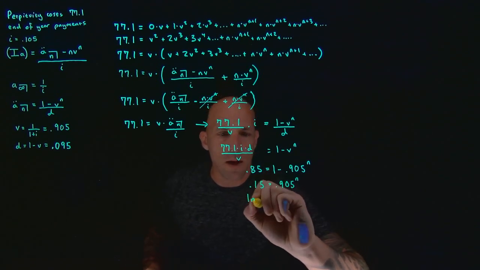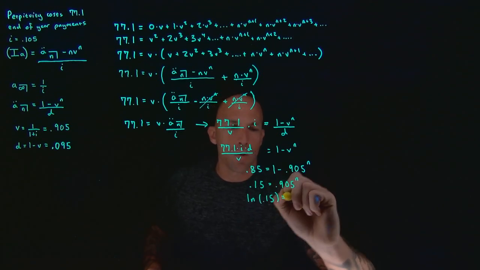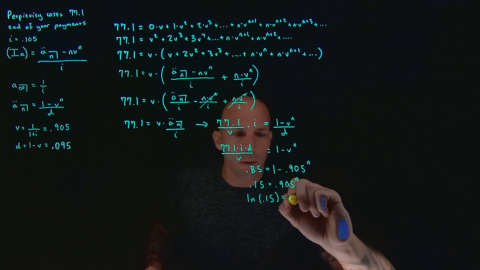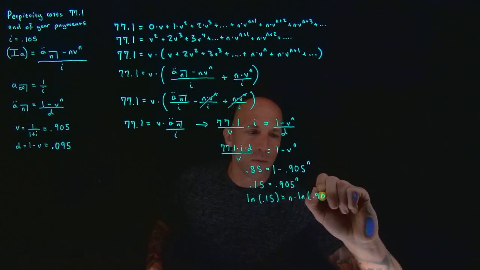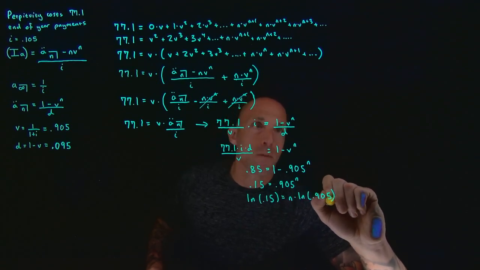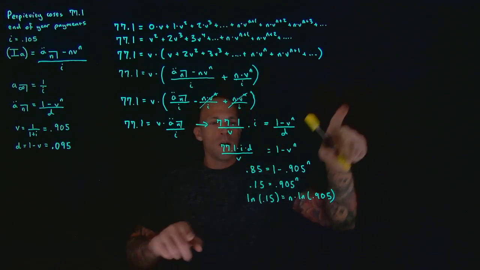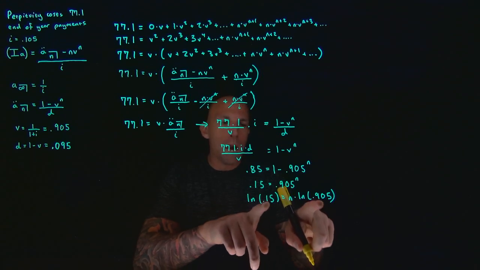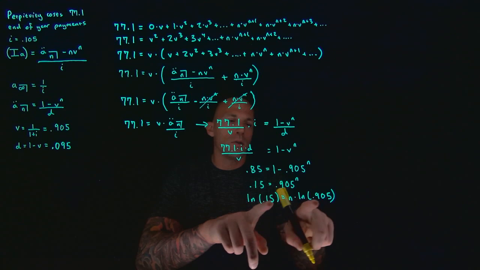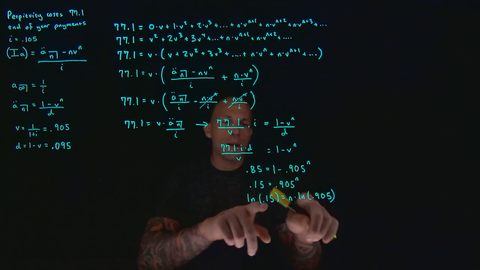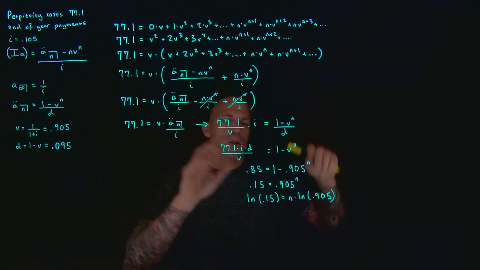We get the natural log of 0.15 equals, applying the rules of logarithms, n times the natural log of 0.905. I'm just going to come up here for the sake of space. Again, not going to simplify these values until the very end. It's just much easier to keep things in this form than it is to go out and create a decimal with 6 digits or whatever.